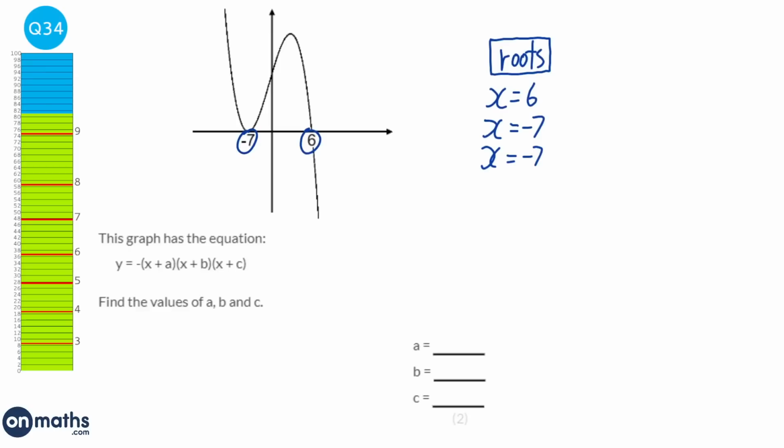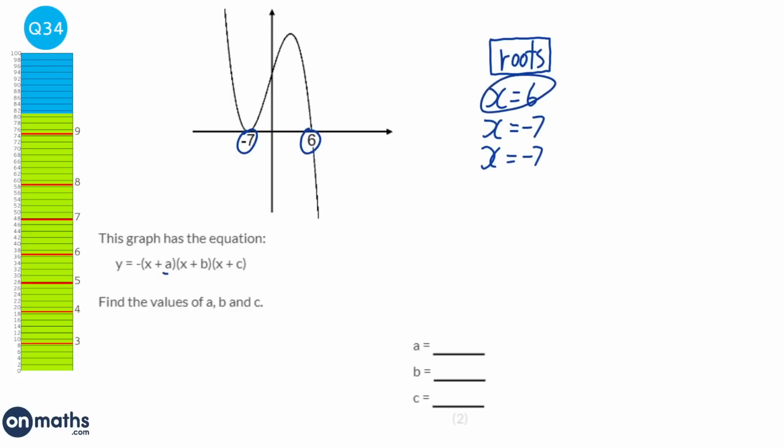other root. So with these, what we need to do is we need to make sure that at x equals 6 and x equals minus 7, this equation, the whole thing equals 0. So if we imagine a, what does a have to be to make this whole thing equal 0?